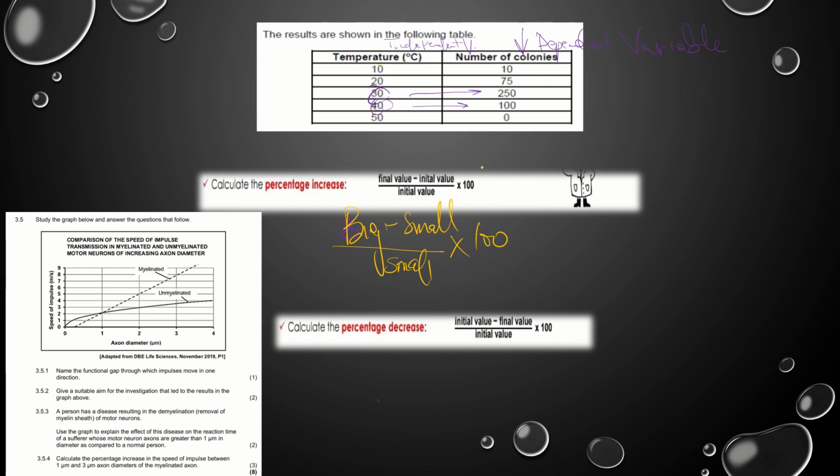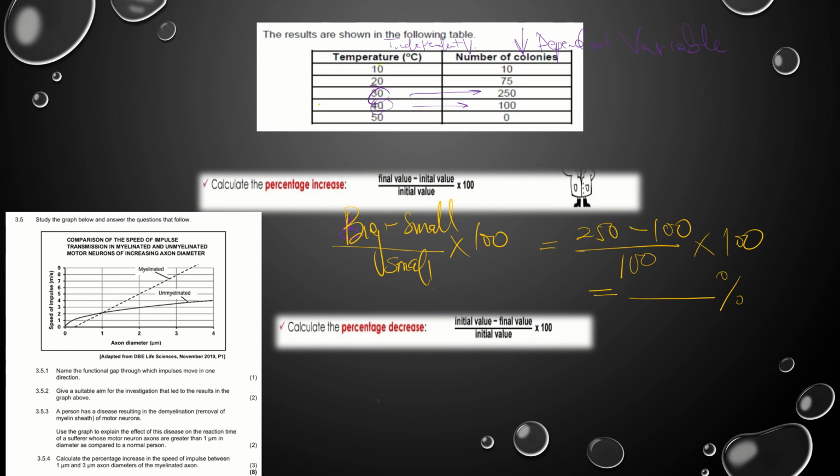By 100. So now between those two values, which is the biggest value? It's 250 minus 100. We divide by this smaller number here, in this case it's 100, multiplied by 100. Kindly check what is the value, and then you write the answer in percentages.